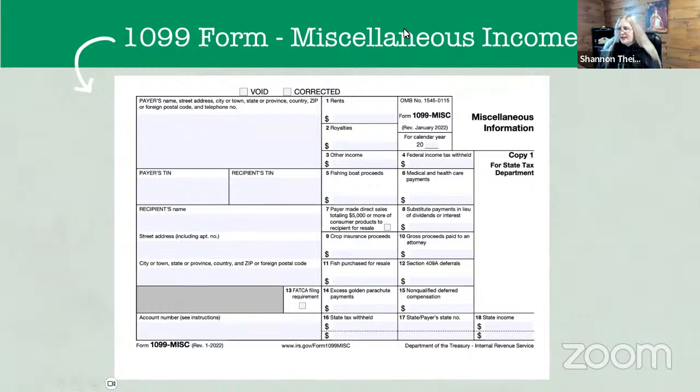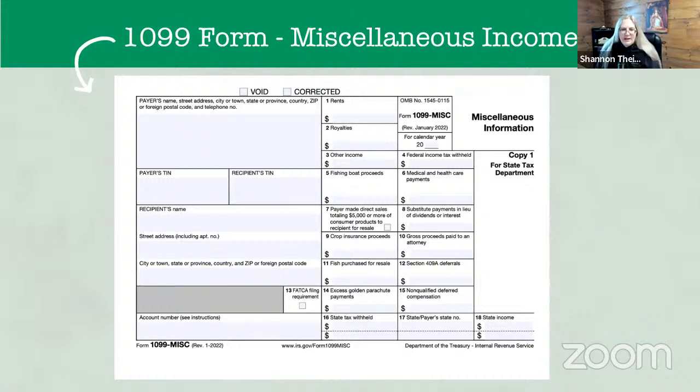So if you see in this calendar year box, it has 20, and then it's a blank space for you to fill in the year. And that means that when you buy 1099 forms or get 1099 forms from the IRS, for those of us that are still able to paper file, you will be able to just keep using the same form and just put the current year on it.